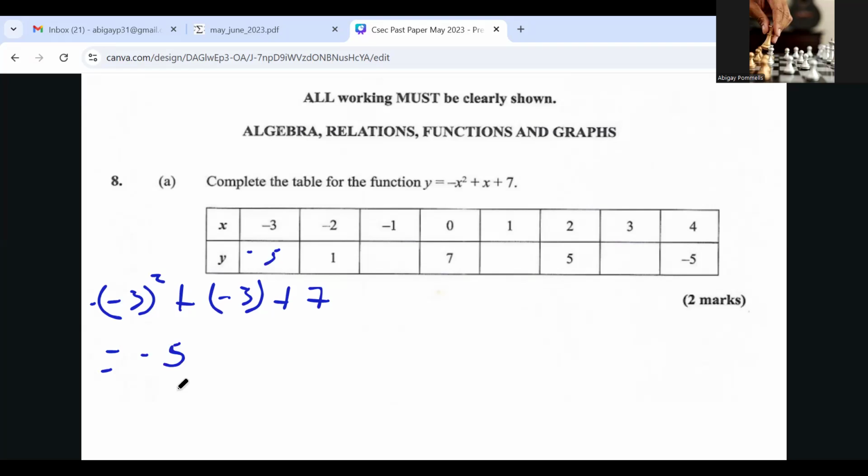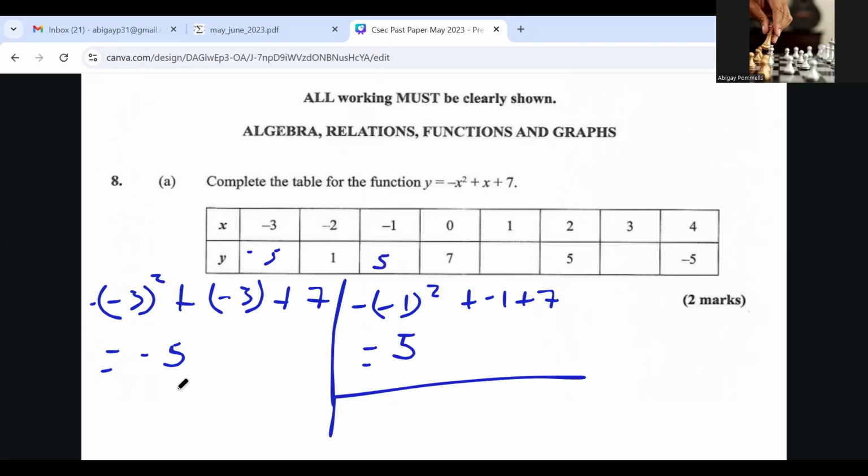All right, moving on to the other one. Negative 1 squared plus negative 1 plus 7 will equal 5. Now we have 1, and 1 squared plus 1 plus 7 will equal 7.